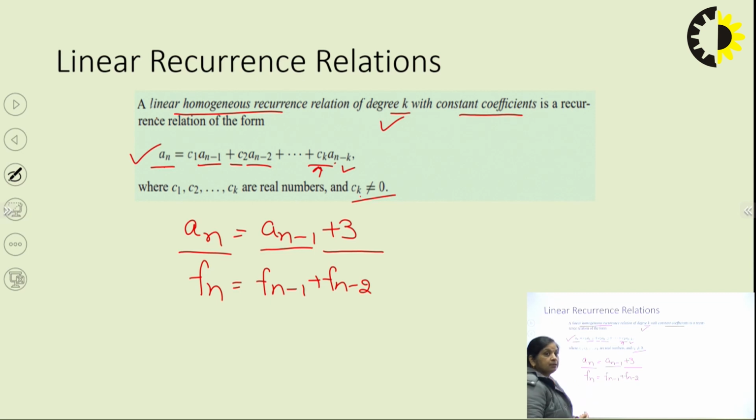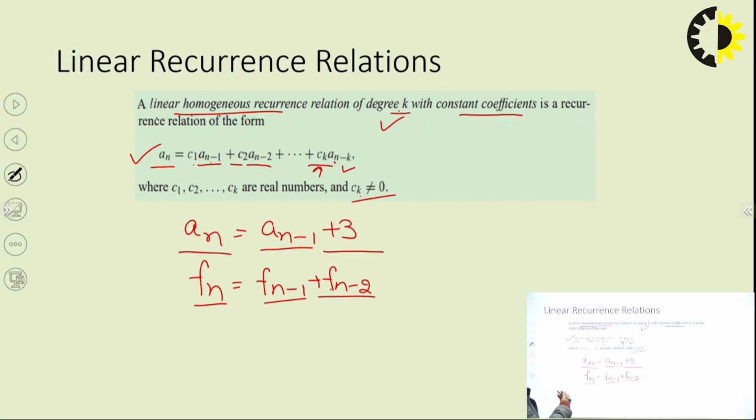Like the Fibonacci series, in which Fn is defined in terms of Fn minus 1 and Fn minus 2, two terms, so it is of degree k. There is no other term. An is defined as C1 an minus 1 up to Ck an minus k, degree k. So, this is a homogeneous linear recurrence relation. Firstly, we will consider these types of recurrence relations and solve them using different methods.